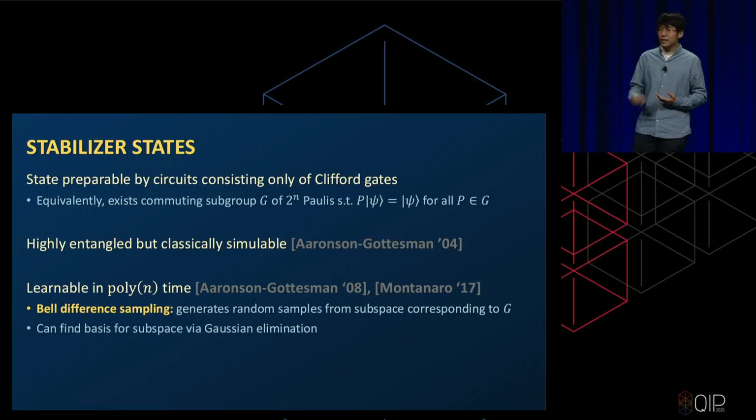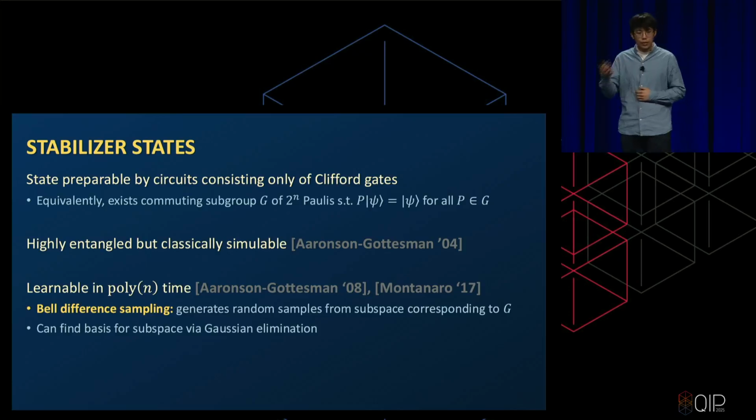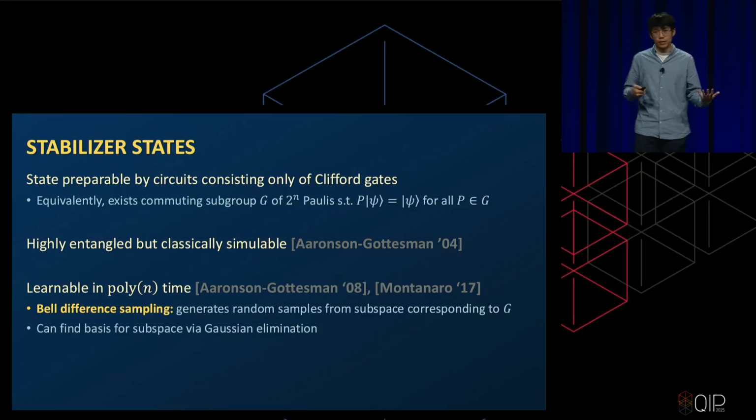And if you can get access to the stabilizer group, then your job is essentially done. You can measure in the joint eigenbasis of that stabilizer group sufficiently many times, and you'll get a reconstruction of your stabilizer state. Okay, so the question is really, how do I get access to the stabilizer group? And one recipe that's emerged in these prior works is this idea of Bell difference sampling.